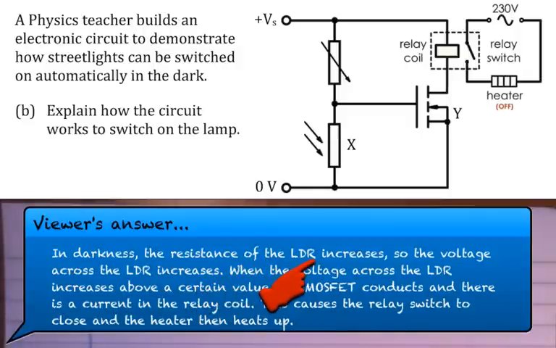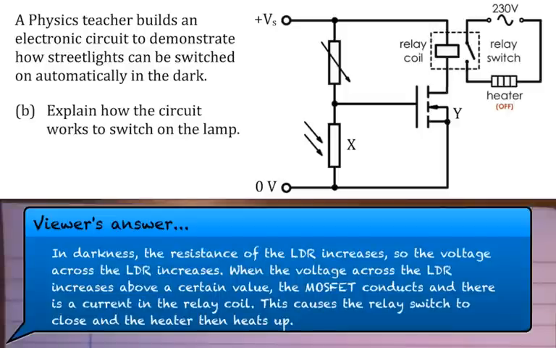In case you don't know, it's the resistance of something, the current in something, or the voltage across something. So resistance of, power of, voltage across, and current in. As we said, the resistance of the LDR increases, so you don't just say voltage increases, you have to say the voltage across the LDR increases.